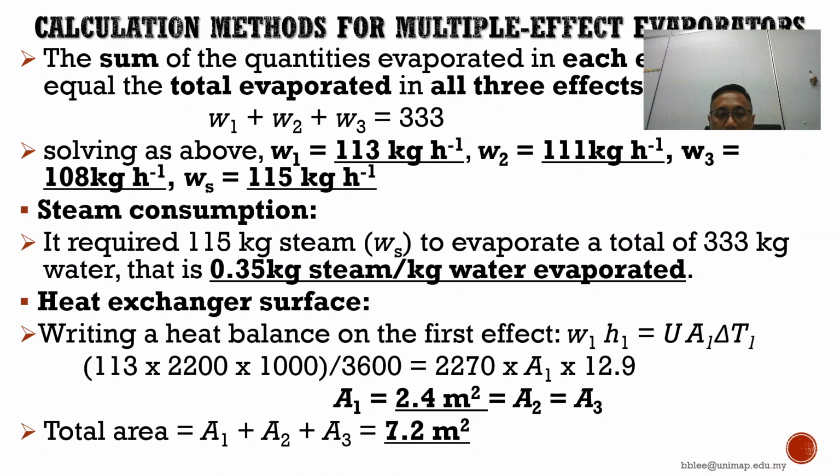So this is the total area we have, 7.2 meters square. So we are done. Now we have solved the surface area and we have determined the composition of the steam.